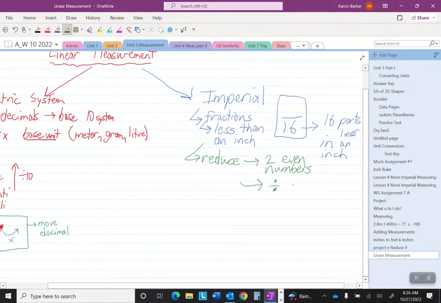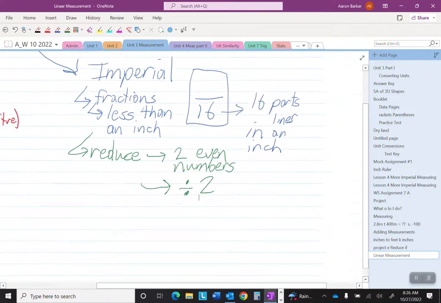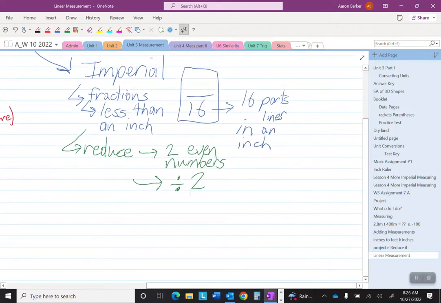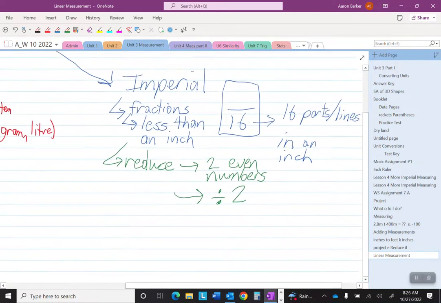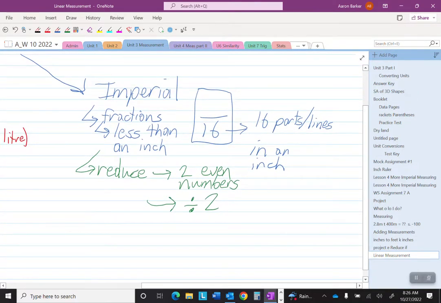And you can do it multiple times then. So you can divide by 2, as much as it takes. Any questions so far? Okay. So that's the big focus.